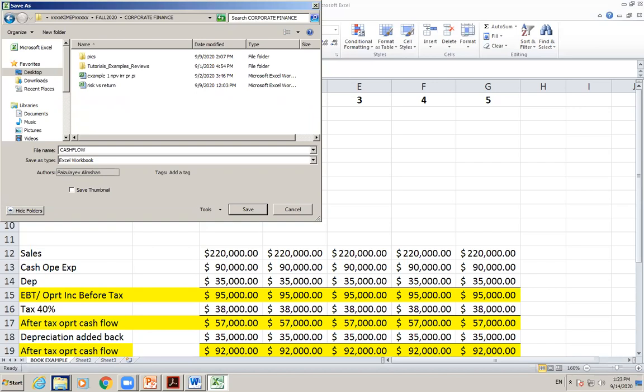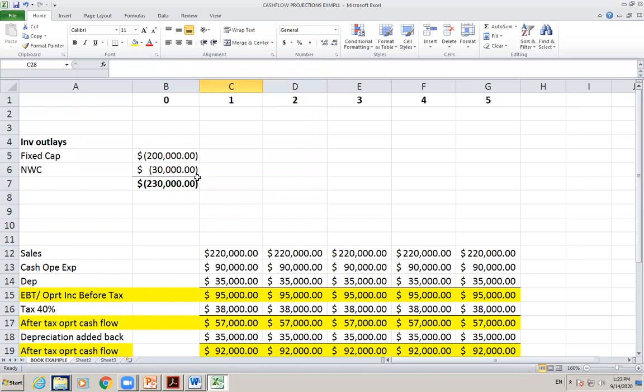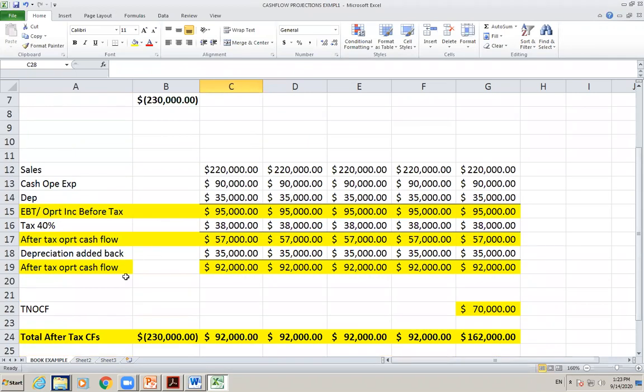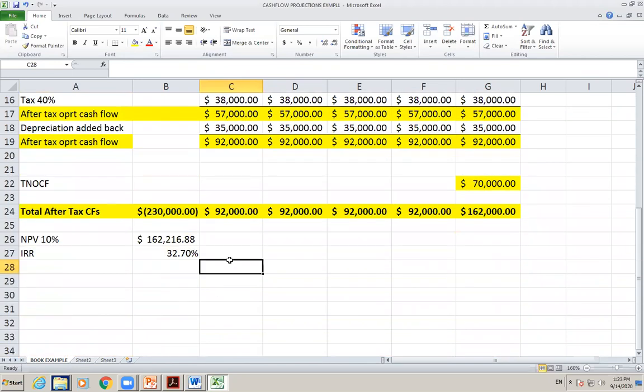Cash flow projections, Example 1. Okay, I saved it. So this file I'm going to upload to Moodle. You will have it in Moodle. This file will be uploaded to Moodle as well, with the video recording that I have here.